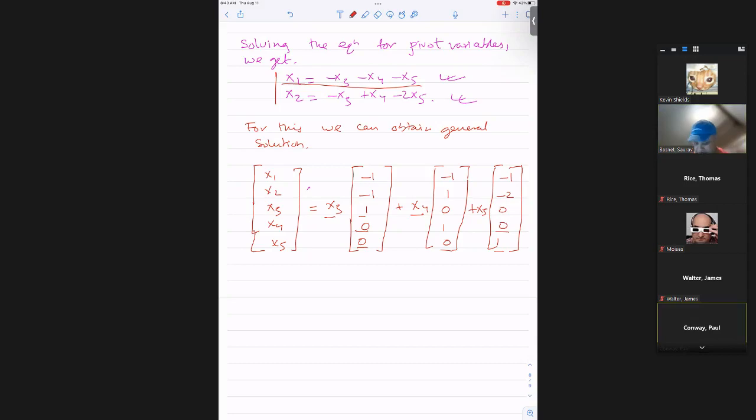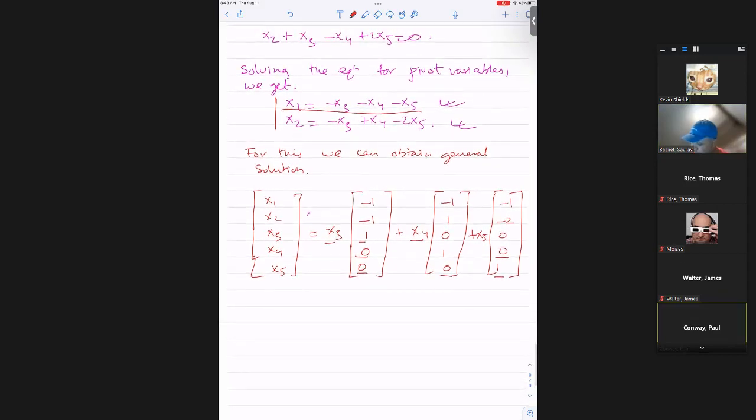In the column for x3, the third one, is that -1 or just one underlined? It's one. I just showed it. Okay, thank you.